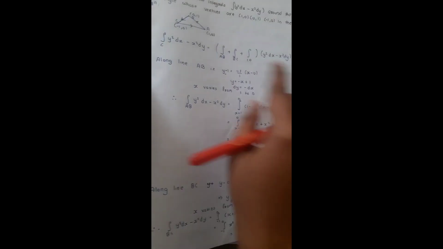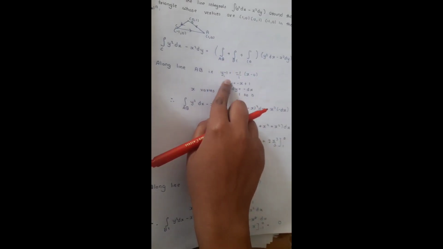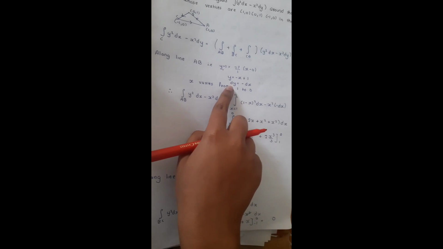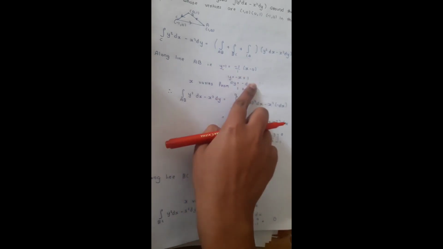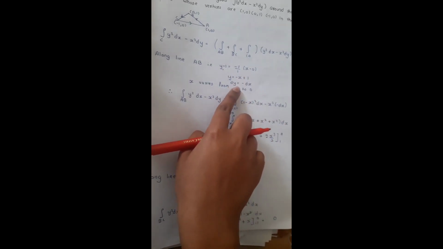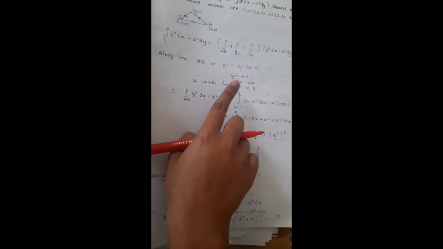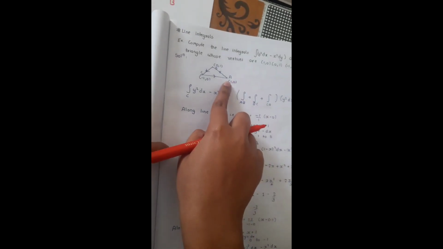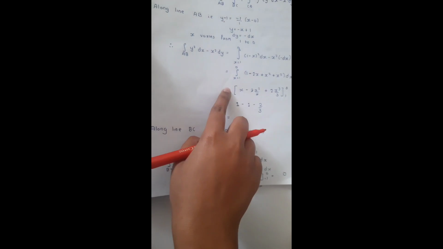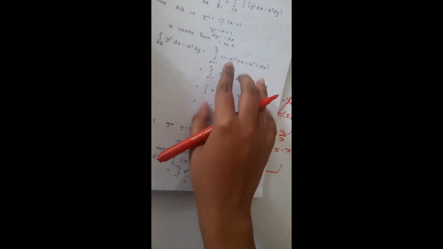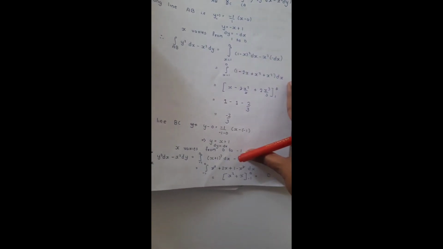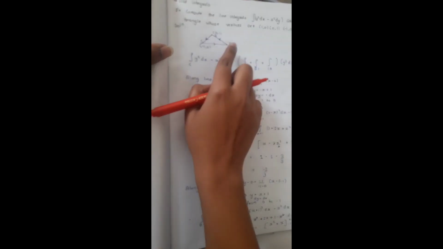Using that you get the equation of line AB. Then you find y in terms of x, then you find dy, then you find that x varies from 1 to 0. Then you simply do the integration. The catch in this question was to split it into three different parts and then solve it. Nothing else. I hope this is clear to you.